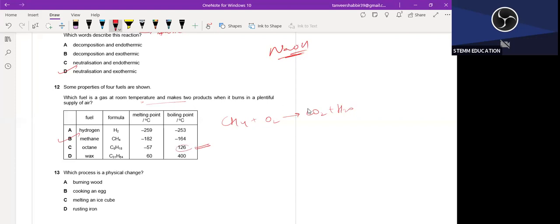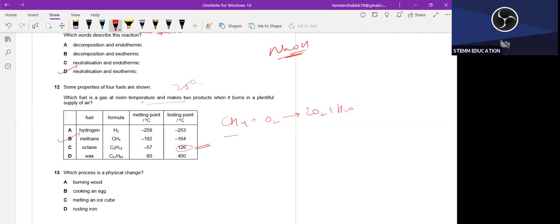See here, it boils at 126, and we need a gas at room temperature, which is 25 degrees Celsius. That's why methane is the one which will make 2 products at room temperature, carbon dioxide and water.